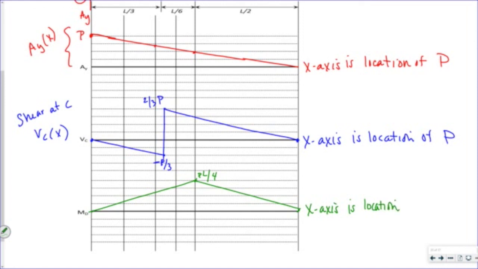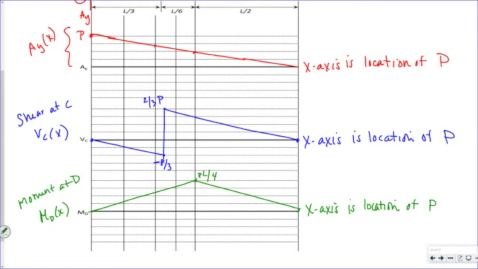Just going to write this a third time. The x-axis isn't changing, but this is my moment at D at a specific point, and it's my function moment D of x.